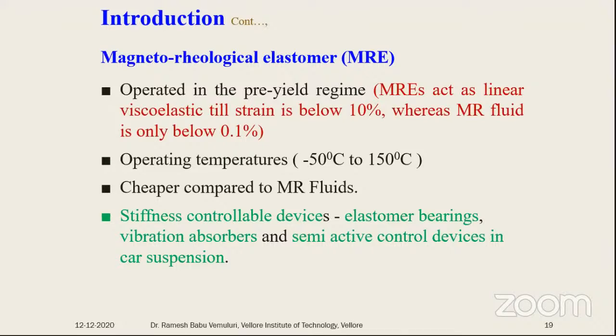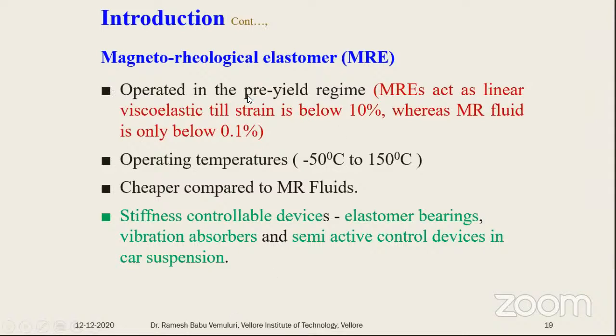As I already told, magnetorheological fluids operate in the plastic stage, whereas magnetorheological elastomers operate in the pre-yield region. Linear viscoelastic strain will be 10 percent. Whereas for the MR fluid, the pre-yield region has only 0.1 percent of its viscoelastic properties, and the remaining 99.9 percent is in the plastic stage.